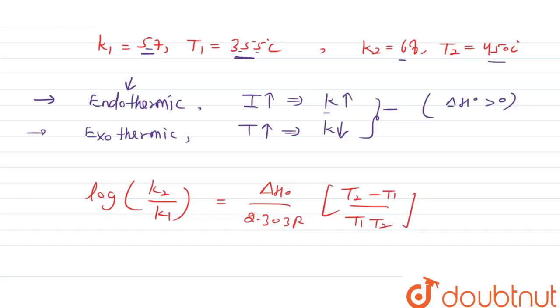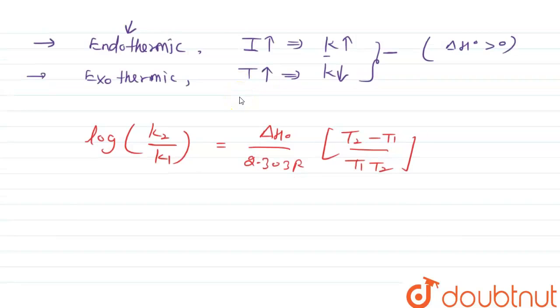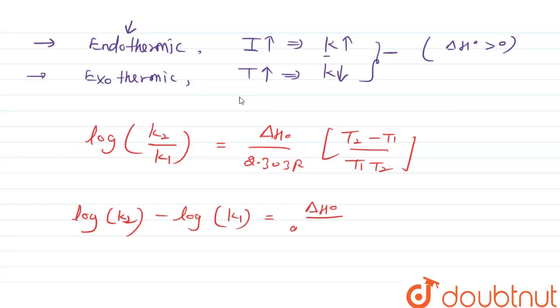Now K2 is 68, so we can write log K2 minus log K1, because this is the property of log, equals delta H naught over 2.303 R times T2 minus T1 upon T1 T2.